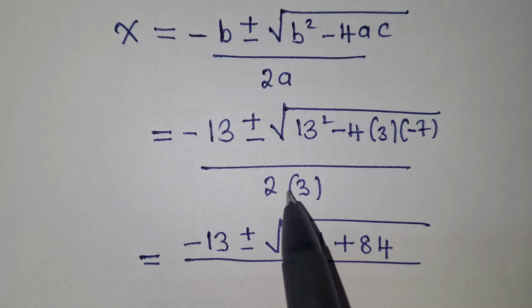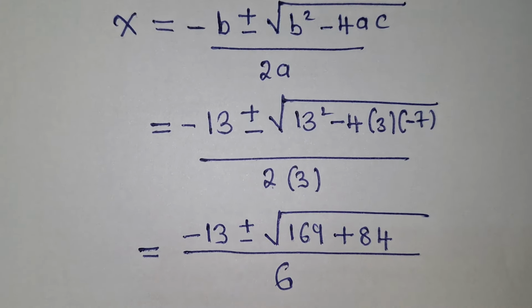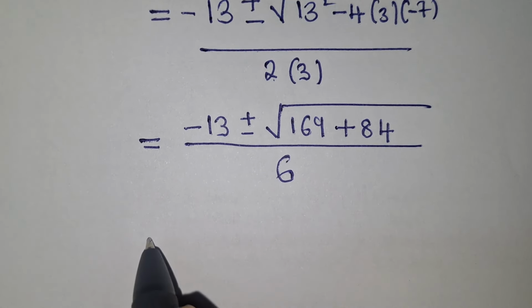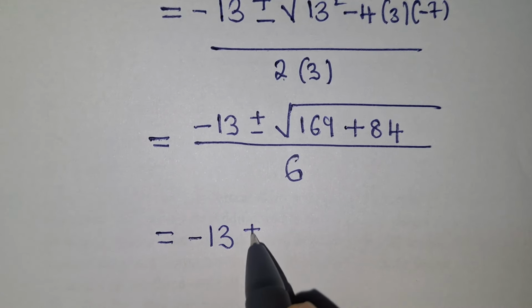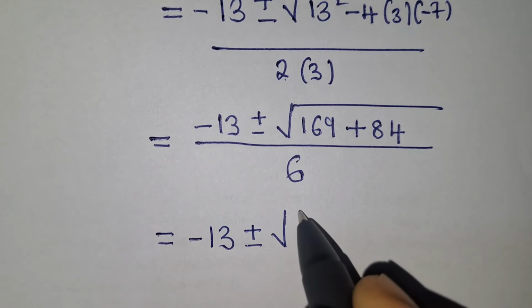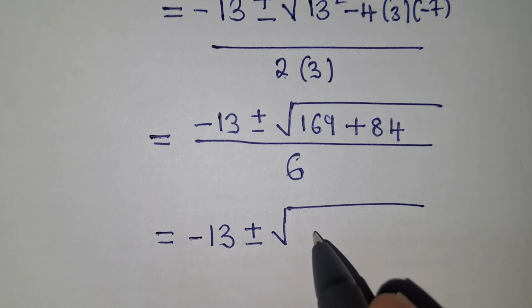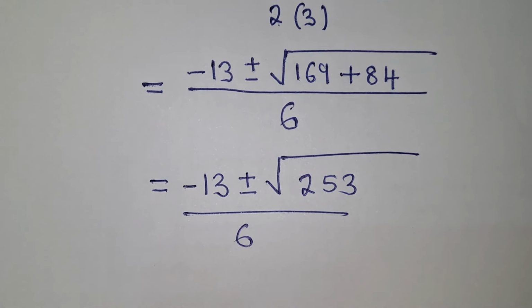For the denominator here, we're getting 6. 2 times 3 is giving us 6. And here we continue, we shall say equal to negative 13 plus or minus square root of, we add 169 plus 84, it's giving us 253. So that's 253 over 6.